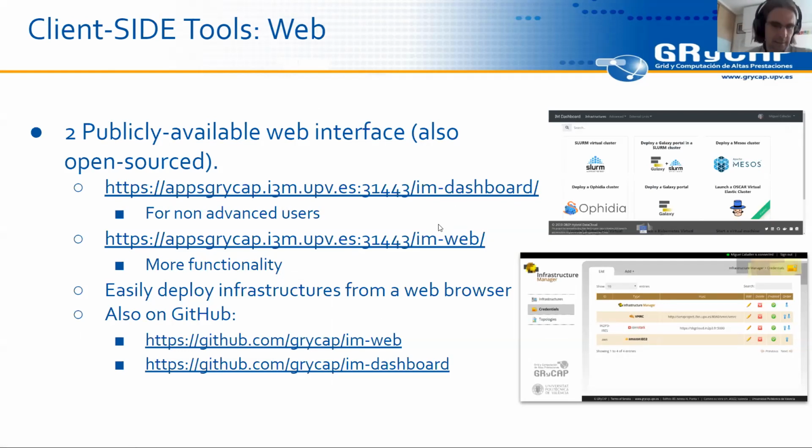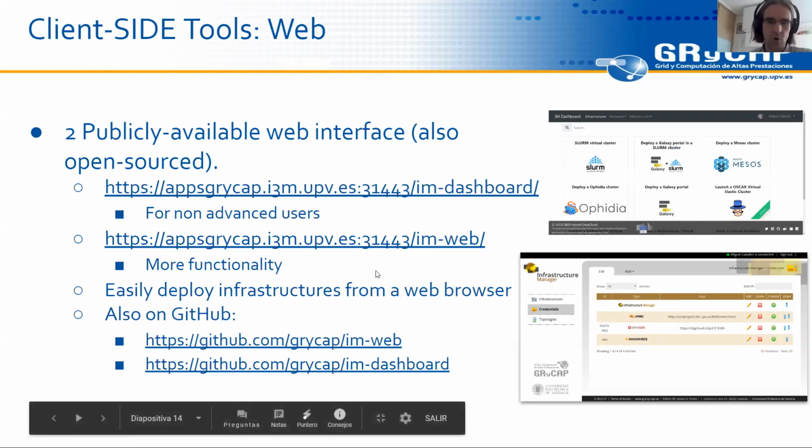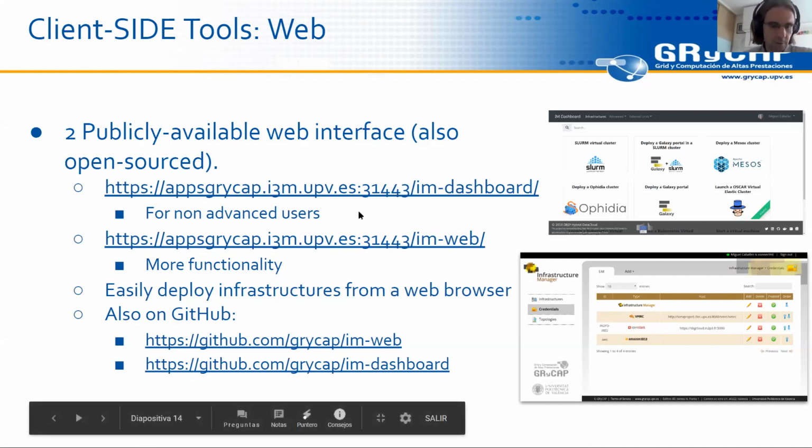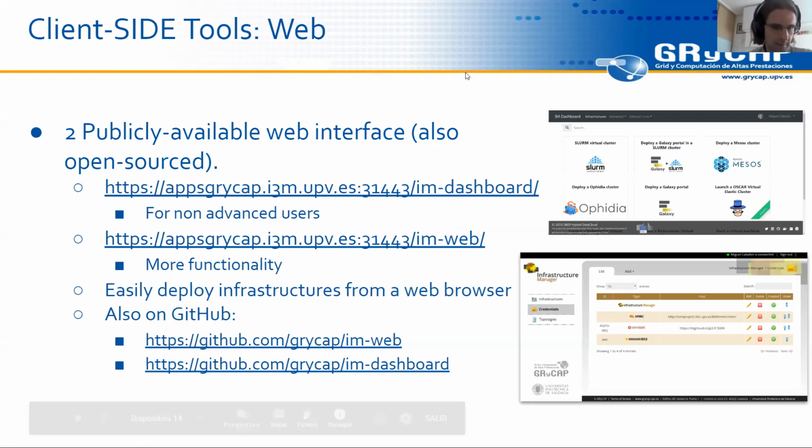The second one, the IAM portal, has all the functionality that the IAM provides, but as I said, it's a bit more complex as you have to define a set of parameters that in the other portal are assumed. And also, as I said, all the components of the IAM are available on GitHub.